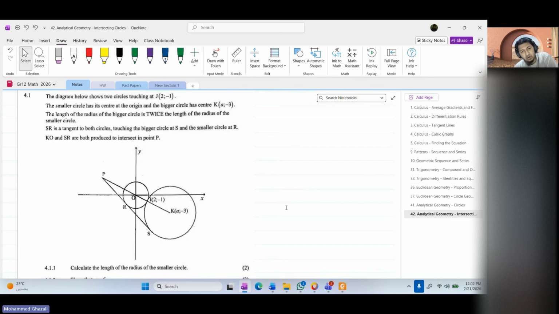Now again, OJK is a straight line because they are touching at a single point. The radius of the bigger circle is twice the radius of the smaller circle. So R and 2R, I will fill that in.